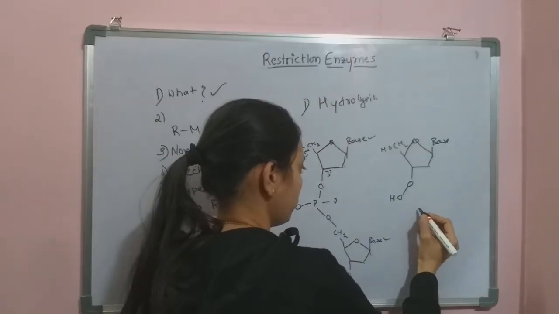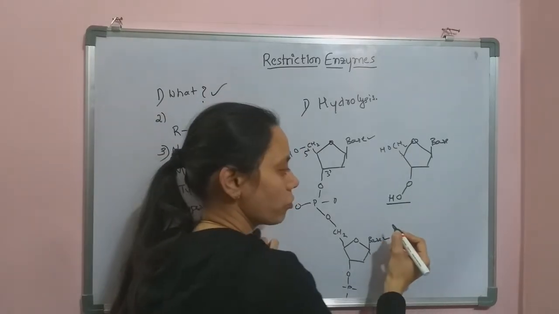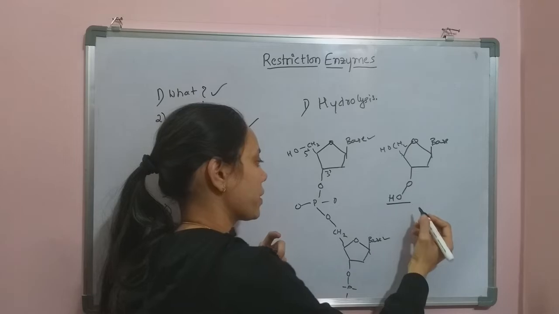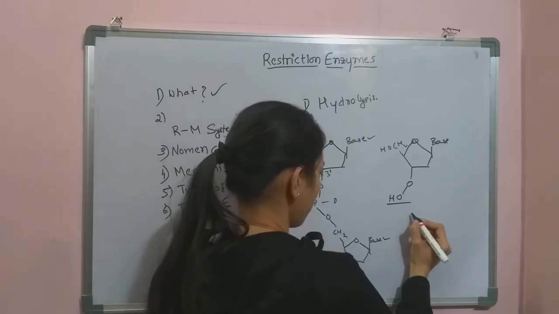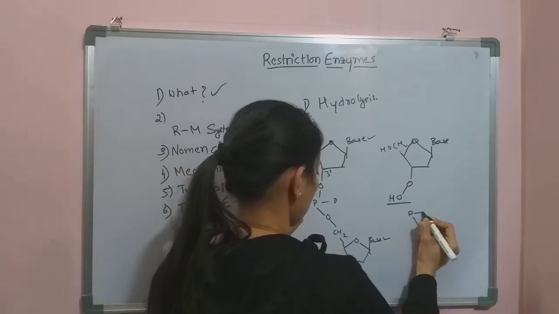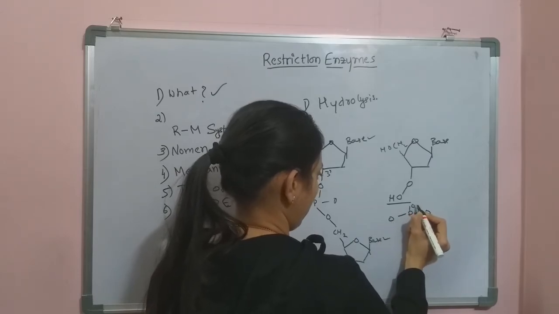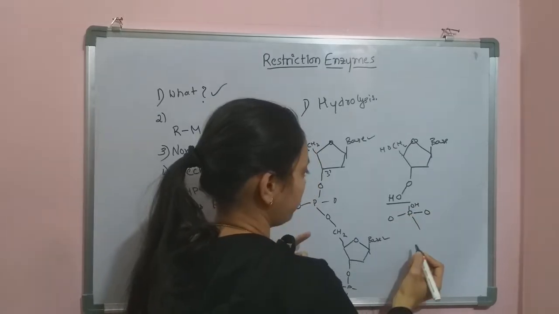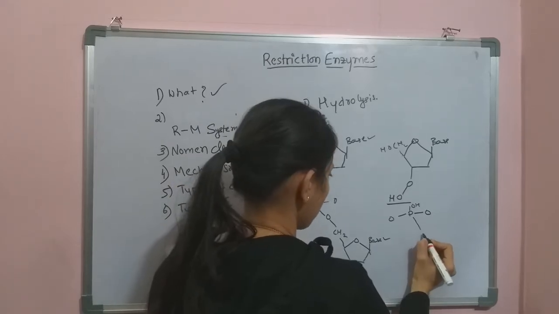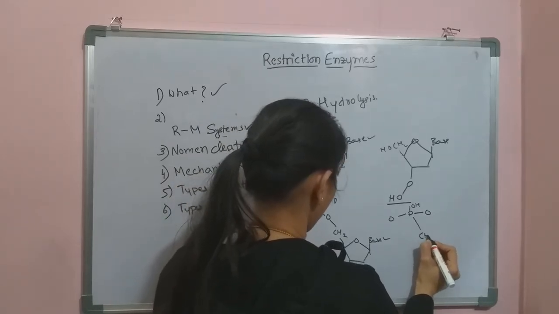So here this OH group will remain with the 3 prime end, and here the 5 prime end will take the phosphate group.